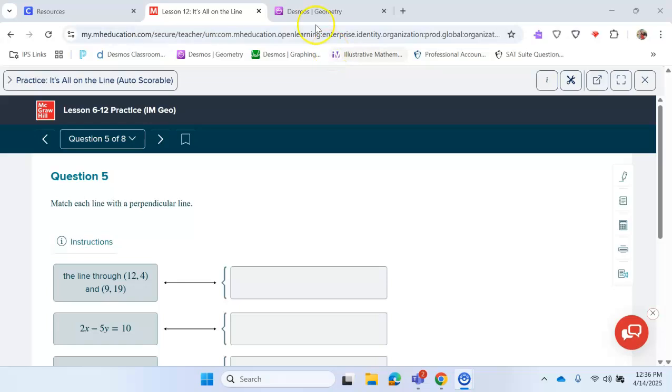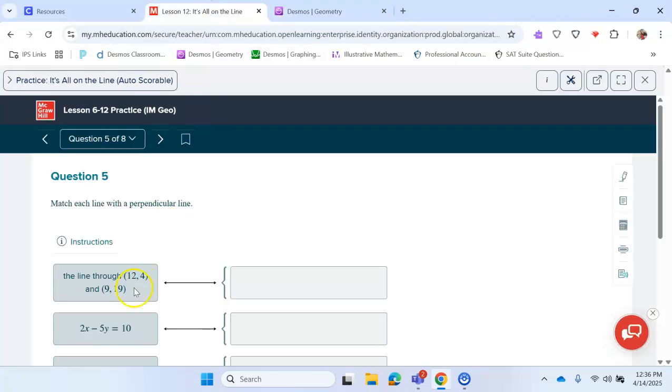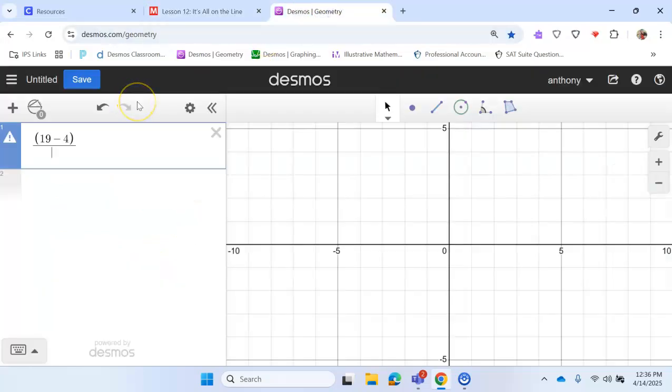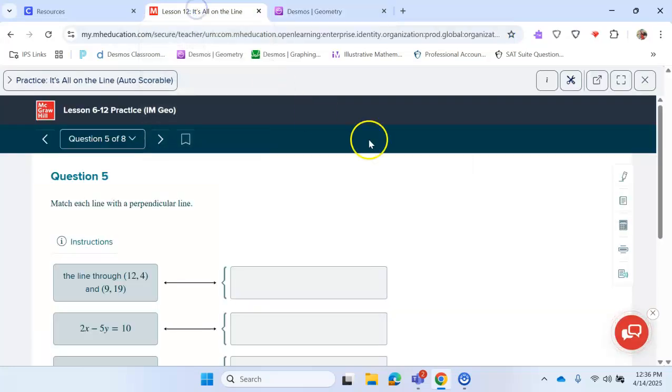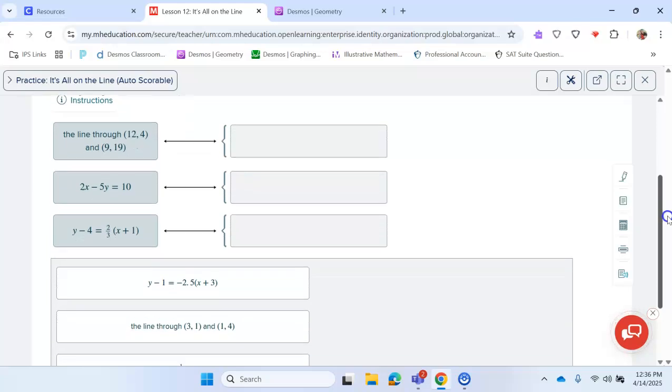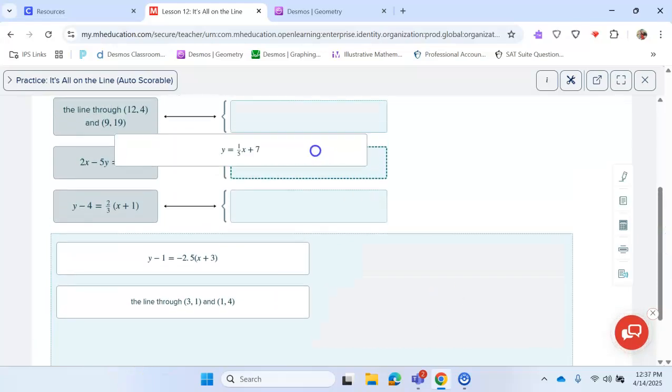Its slope would be 19 minus 4, which is 15, divided by 9 minus 12, which is -3. 15 divided by -3 is -5. The opposite reciprocal of -5 is positive 1/5. The last one you see has a slope of positive 1/5.